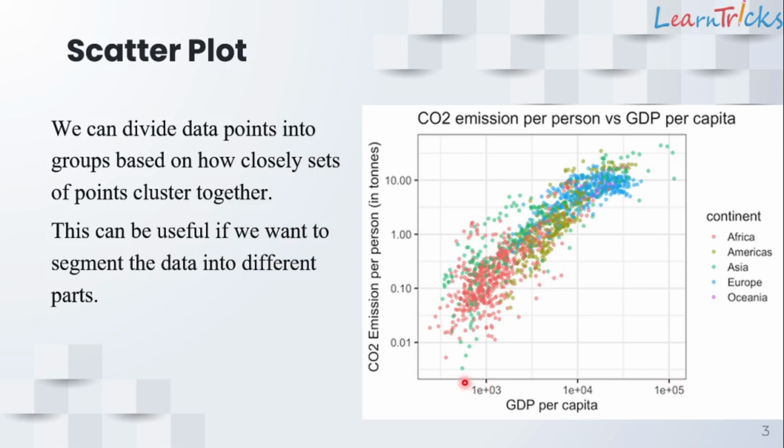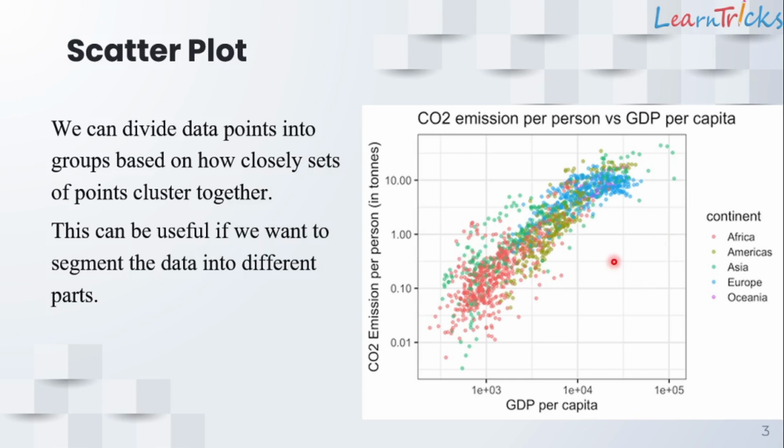So this green point will have some GDP per capita value and a comparable CO2 value, right? From this chart we can easily identify that there is a relationship between x and y: as the GDP per capita increases, the CO2 emissions per person also increase, so this can be called a positive correlation.